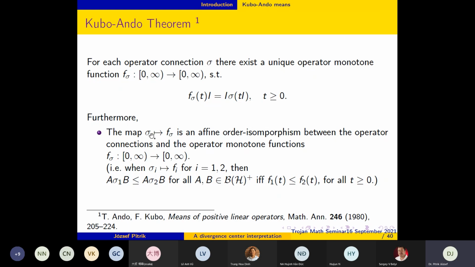Furthermore, this one-to-one correspondence is an affine order isomorphism between the operator connections and the operator monotone functions. That is, if we have two operator connections, sigma 1 and sigma 2, with f1 and f2 as representing functions, then A sigma 1 B is less than or equal to A sigma 2 B if and only if a similar inequality holds for the representing functions.